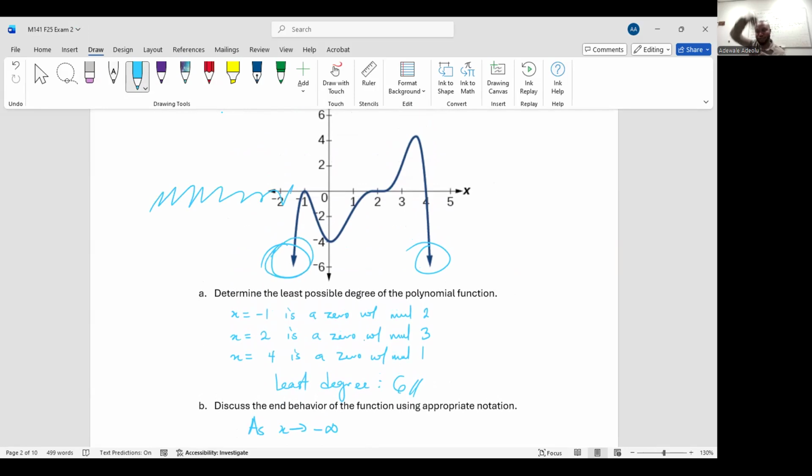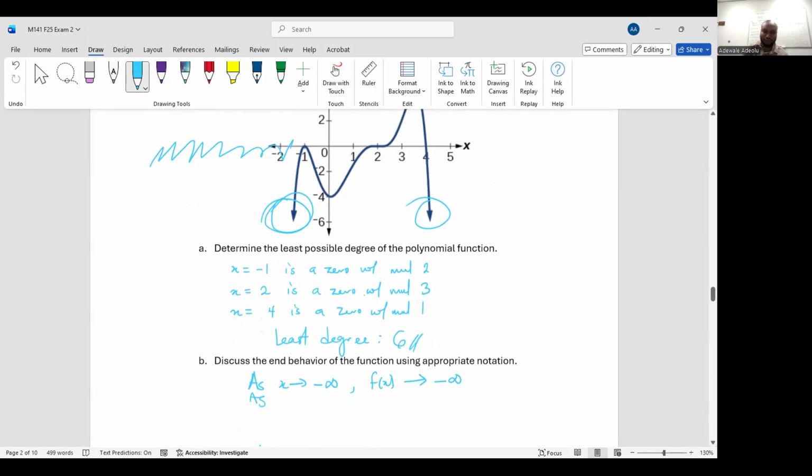You see your y keeps dropping. So it means f of x goes to negative infinity. And as x goes to positive infinity, your x keeps going down. So f of x, your y, so f of x is negative infinity.